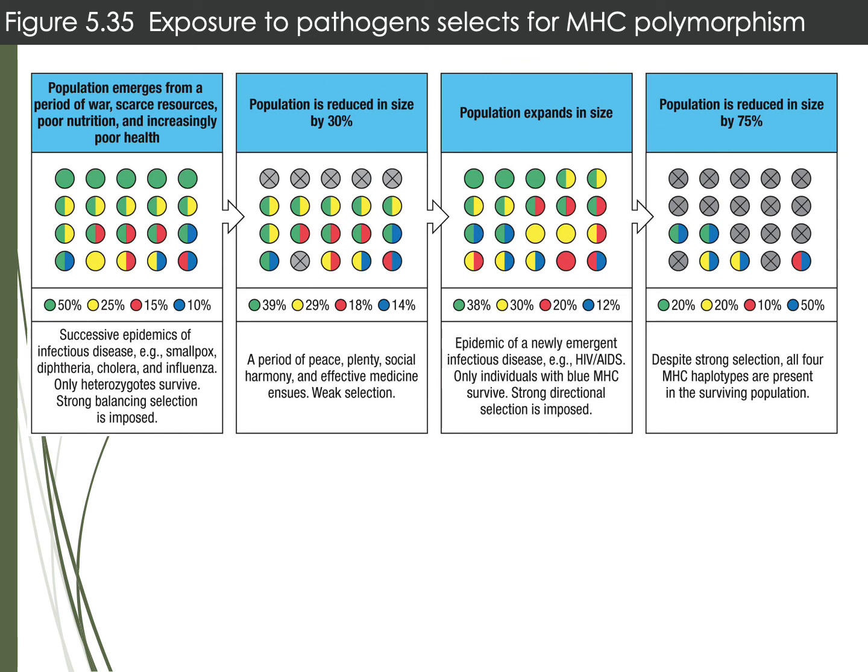You're not being exposed to all these infectious diseases, and so when there's not the need to present those peptides, some of those polymorphisms get deselected. Then if we have another emergence of infectious disease, you can see how there's an expansion back up of MHC polymorphisms that are being selected for. And then afterward, you see a decrease in the number of different polymorphisms present in the population. So again, you see this expansion and reduction, expansion and reduction.